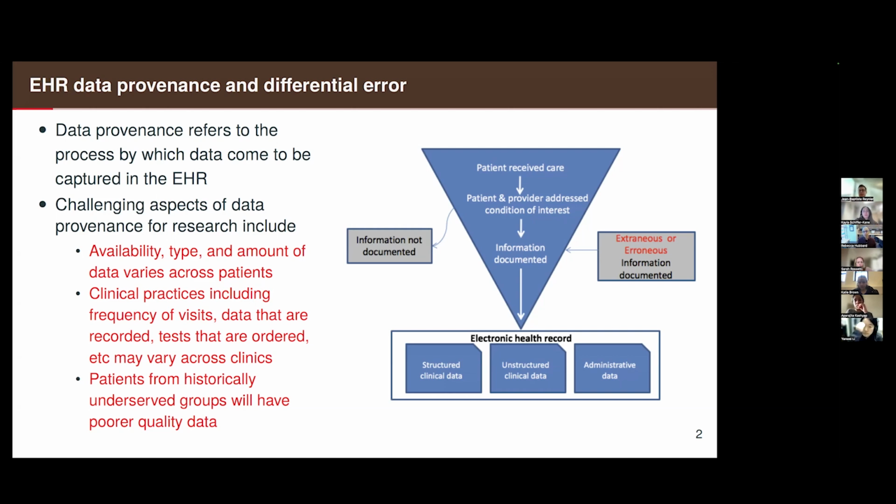Some of that is just to do with their health. So because we're using health records to do research, people with more healthcare needs, people who have more chronic conditions, for instance, are going to get more healthcare. They're going to have more tests, more procedures, more medications. So we're going to have more data available for them.